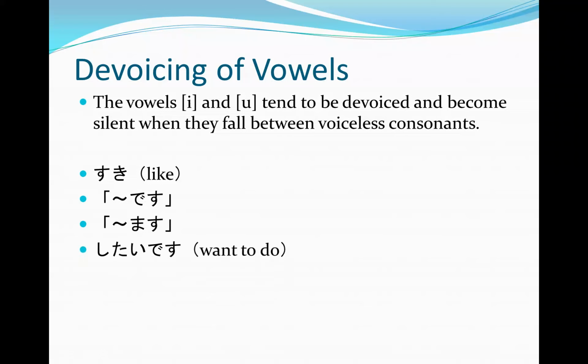Next example. When you want something or want to do something, in Japanese, we say shitai desu. Instead of saying shi-tai, in shi we voice the i sound silent, making shtai.